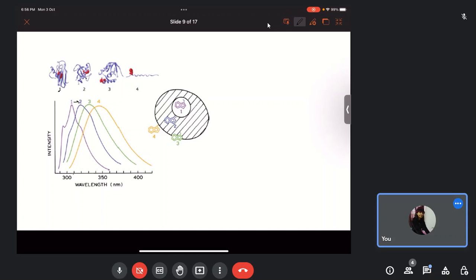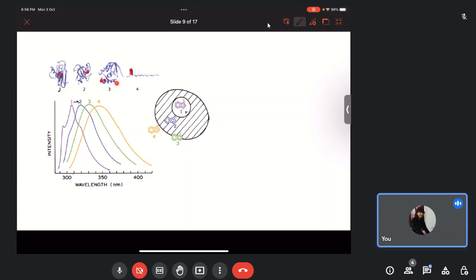So we are moving from a very hydrophobic core to something which is not very hydrophobic, having moved out from the very hydrophobic core to a slightly hydrophobic core.